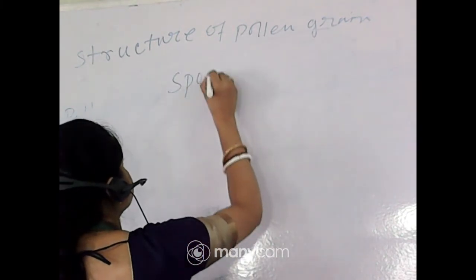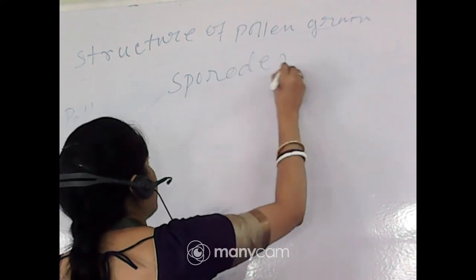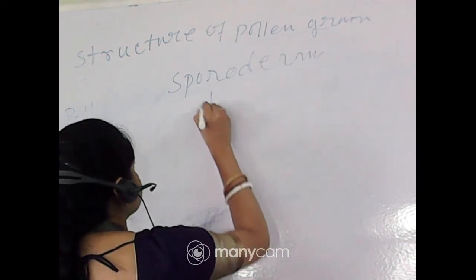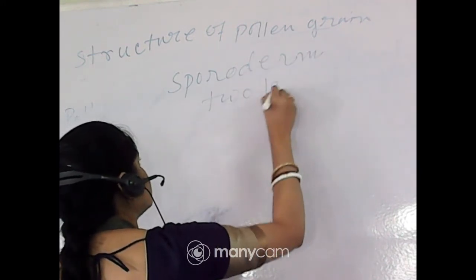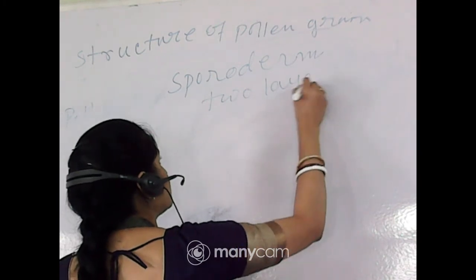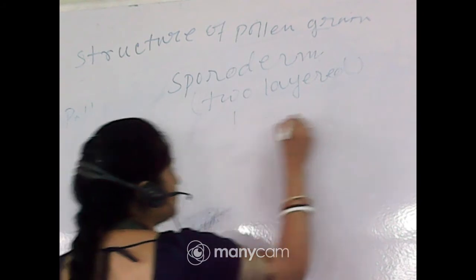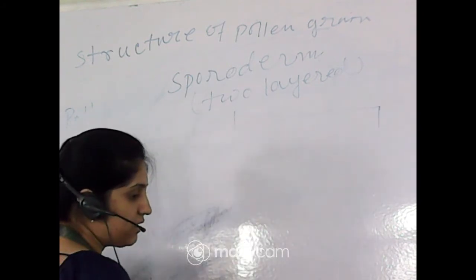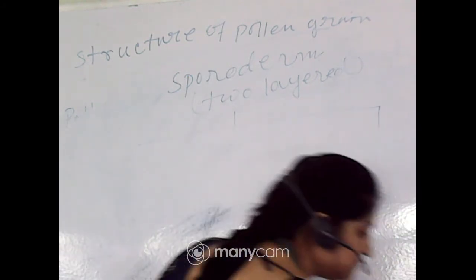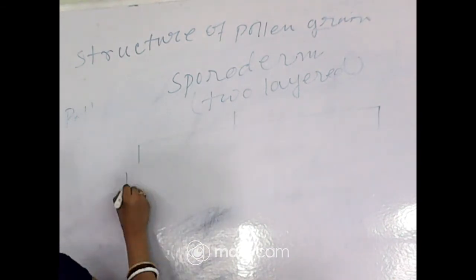Sporoderm is two layered. The first one is the exine, that is the outer layer.